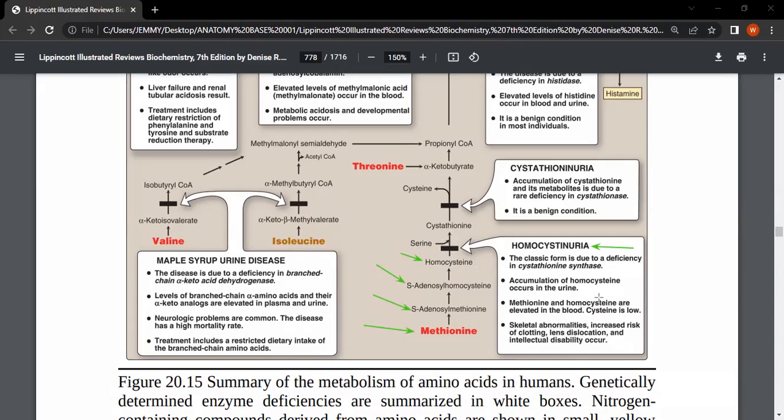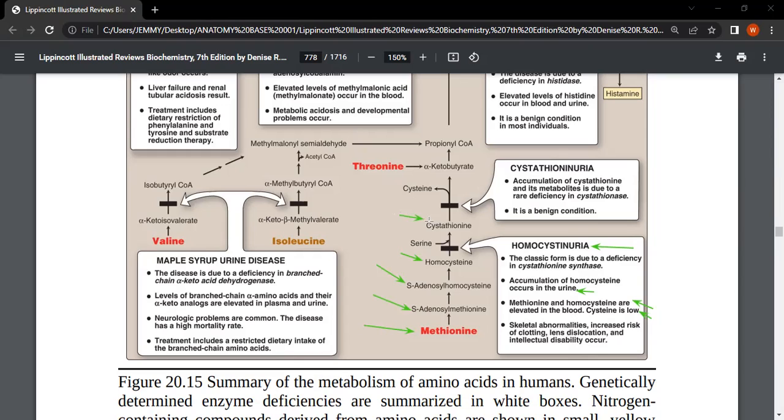So it usually accumulates in the urine. Also, methionine and homocysteine will elevate, but you have very low cysteine because you are not synthesizing it. Its clinical presentations are skeletal abnormalities, increased risk of clotting, you have thrombosis, lens dislocation, and intellectual disability.